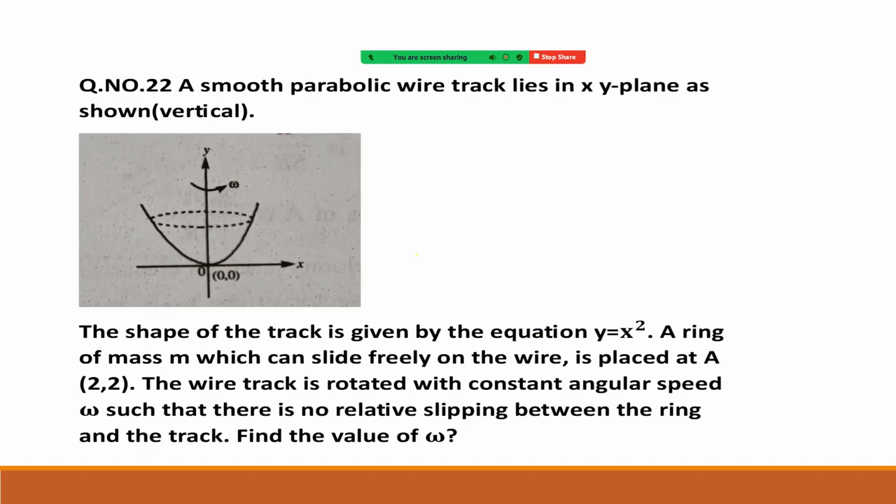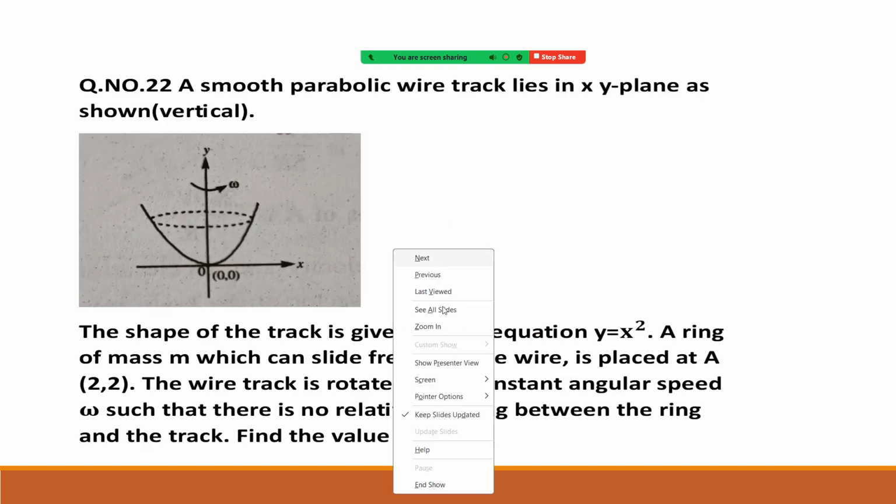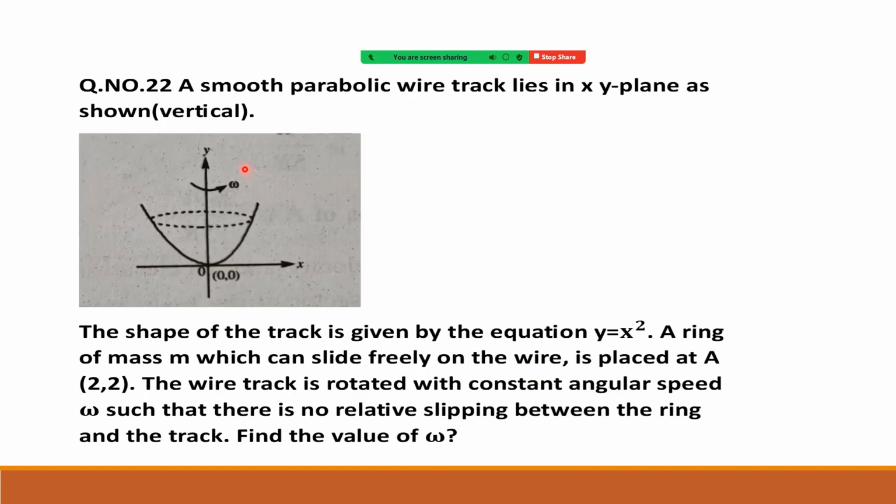Let us see next problem. A smooth parabolic wire track lies in XY plane as shown. It is given that wire track is now in vertical plane. The shape of the track is given by the equation y equal to x square.